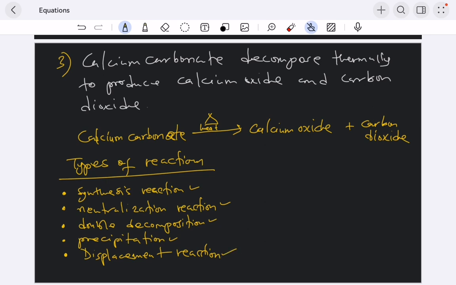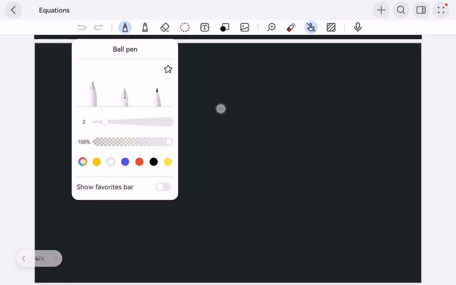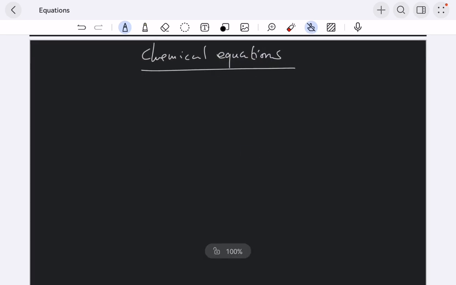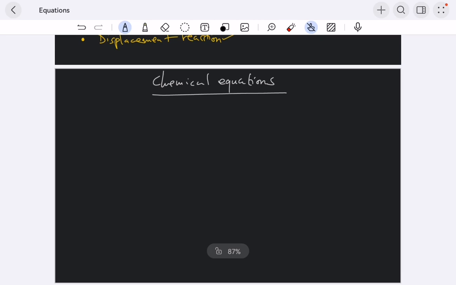Now, for now, I want us to quickly go to chemical equations. So remember, for chemical equations now, we're using chemical symbols.